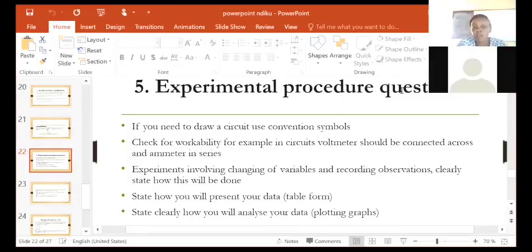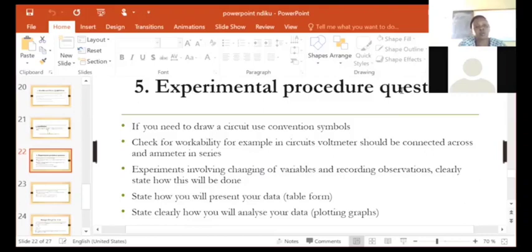If it's the ammeter, it must be connected in series. So if it's a question to draw a diagram on electricity, the first thing the examiner will check is whether the potentiometer is connected across or the ammeter is connected in series. If it cannot work, then no marks for that.